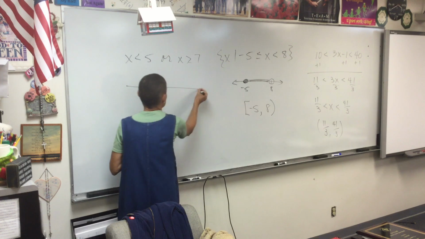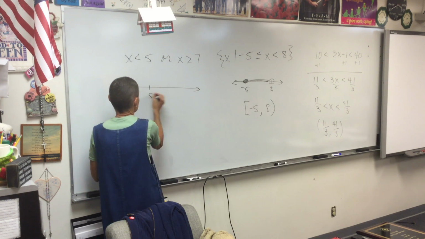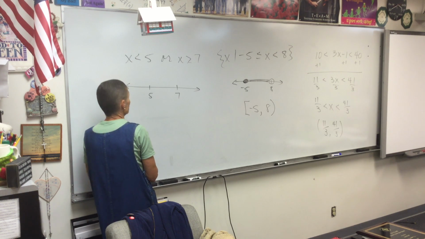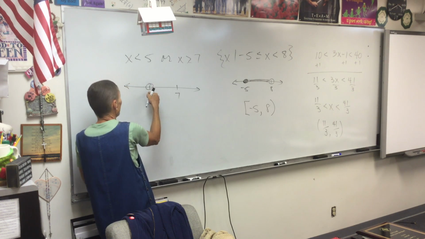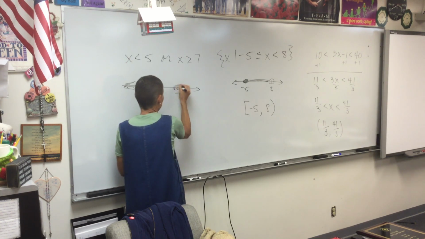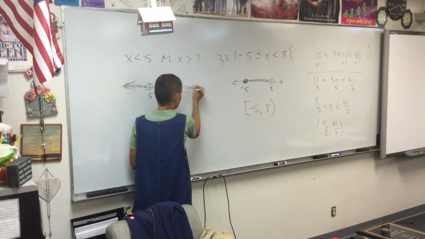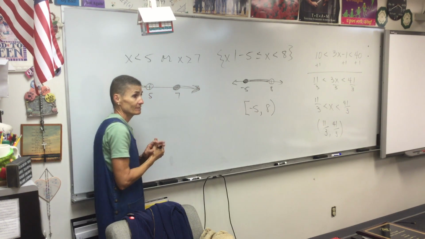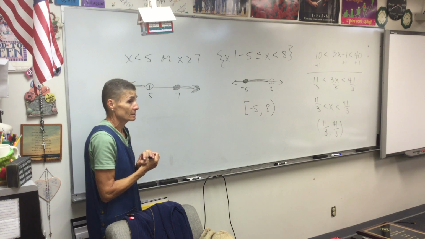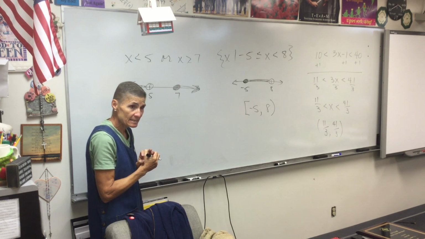Well, what does it look like on the number line? Here's 5, here's 7. There's a space in between them. So I'm going to have an open dot at 5 and shade this way. I'm going to have a closed dot at 7 and shade this way. Right? How do I write that as an interval?